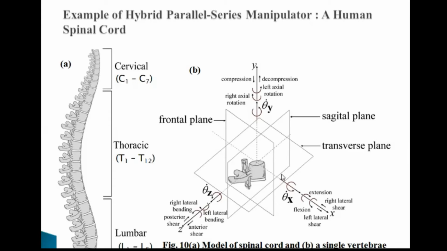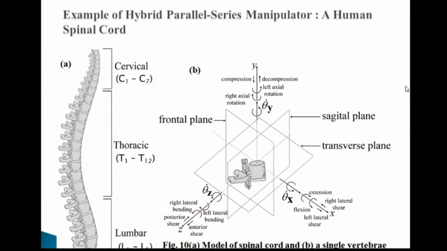So we can say that the horizontal plane is called the transverse plane, and the vertical plane parallel to the human face is called the frontal plane, and the plane perpendicular to both the planes is the sagittal plane.